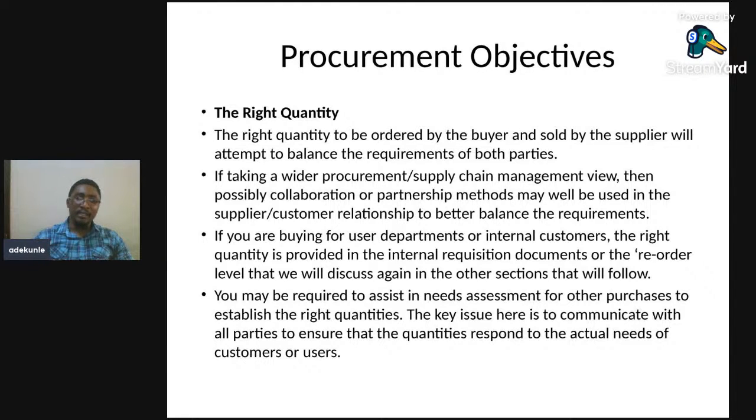And the issue here to get the right quantity into any organization is to ensure that there's a good, strong line of communication between all parties. It's not going to be okay if an organization ordered maybe five cartons of raw materials, and at the end of the day, they can only afford to get two because of poor communication.